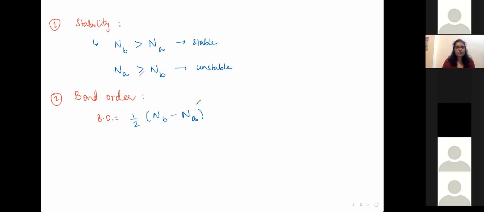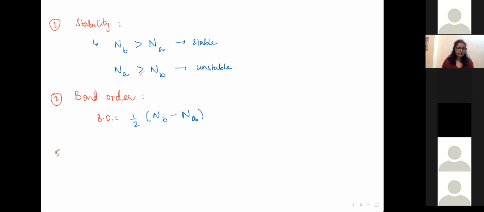Bond order 0 means no single, no double, no triple bond. There are no electrons shared between them, meaning the molecule is not formed. And if anti-bonding is greater, then the whole value becomes negative, and the way you interpret that is those two atoms are actively repelling each other. So this is another thing you can figure out.